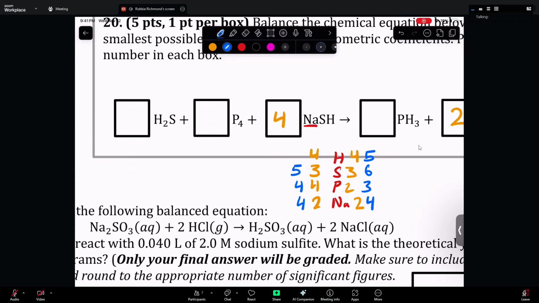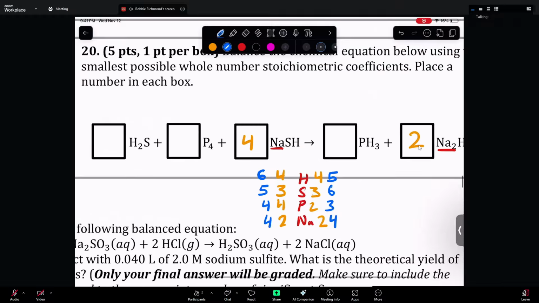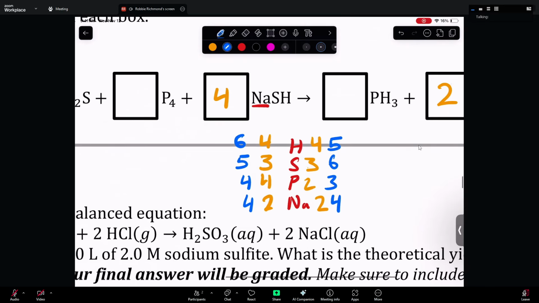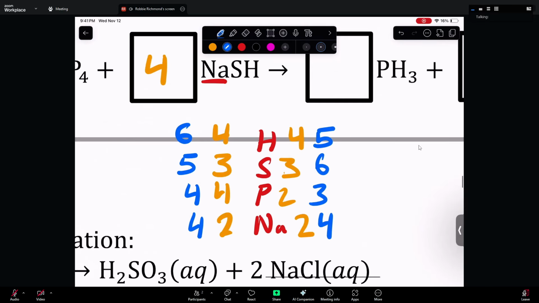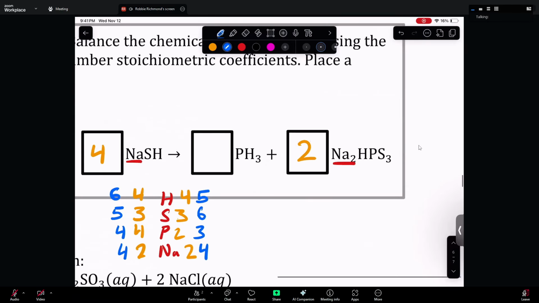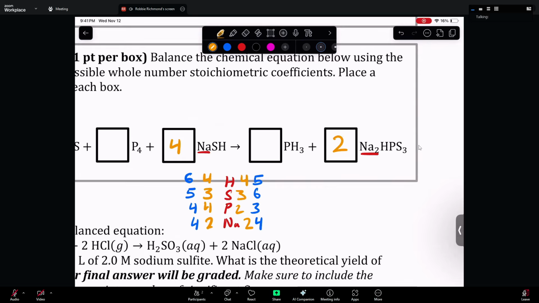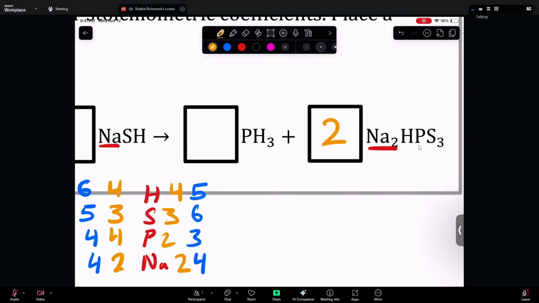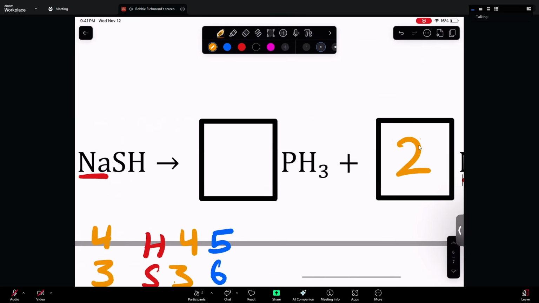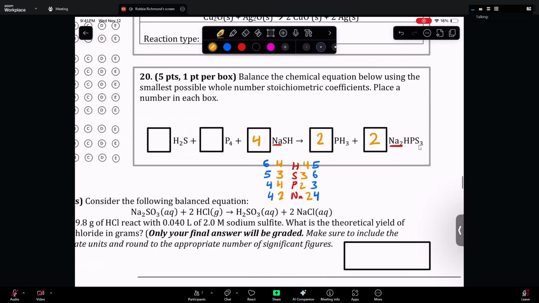Hydrogens, we have 2, 4, 6. Alrighty. Now I see 3 places that we can go. I see the sulfur and phosphorus that can be easily balanced. Since we already did a phosphorus here, let's just put a 2 right here just to see how that affects everything.